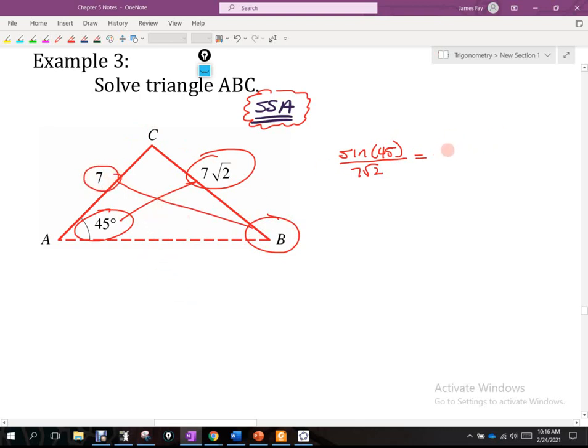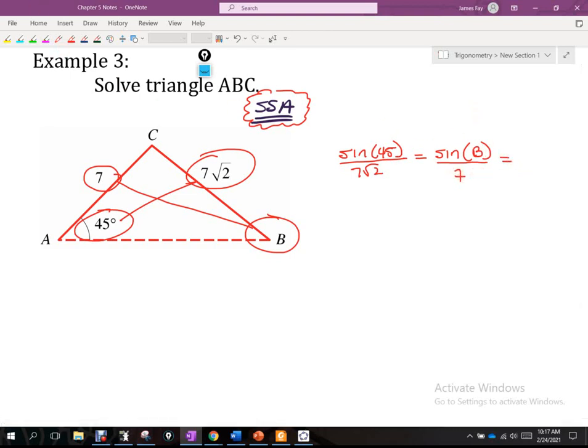Now, do I know B's measurement? No. And that's different than the example we saw two days ago. Every example with angle, side, angle, or angle, angle, side, the first thing you're finding is a distance. If it's angle, side, side, the first thing you'll actually be finding is an angle measurement. And then 7 here.